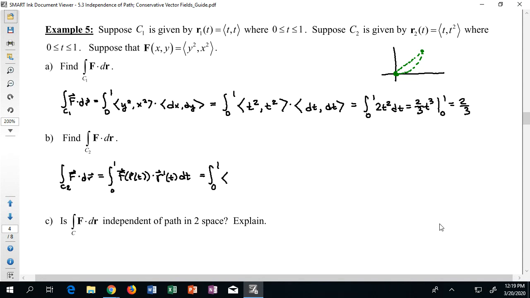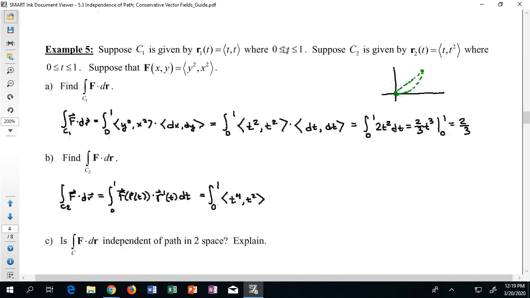So I'll see that if I take my y value, which is t squared, and I square it, I'm going to get t to the 4th. If I take my x value and I square it, I'm going to get t squared. When I set up my r prime, I'm going to end up with a 1, 2t, and a dt at the back. Notice I got the same thing kind of up above. I just had my dt inside of this, and you could imagine factoring it out. Or not factoring, but undoing the scalar multiplication.